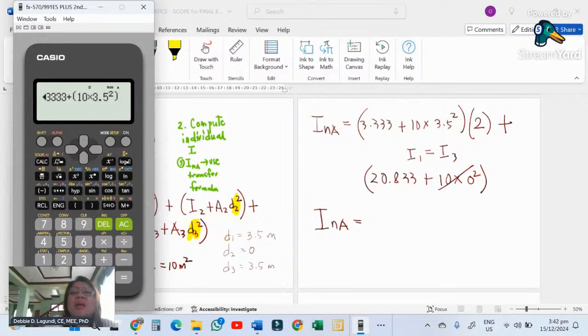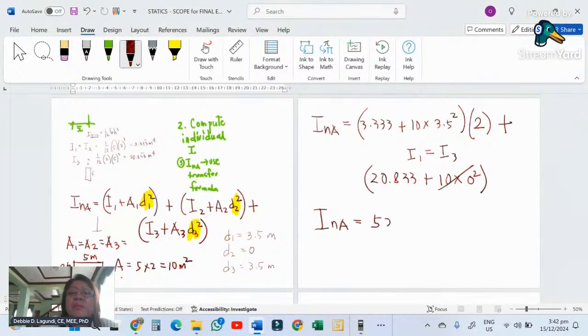That will be I1. All right. And then you have to multiply it by 2. So let's do equals one time, times 2, because this will be for I1 and I3, 251. And you have to add 20.8333. Let's do 4 decimal places only. So the answer would be 524.1665 m to the 4th.